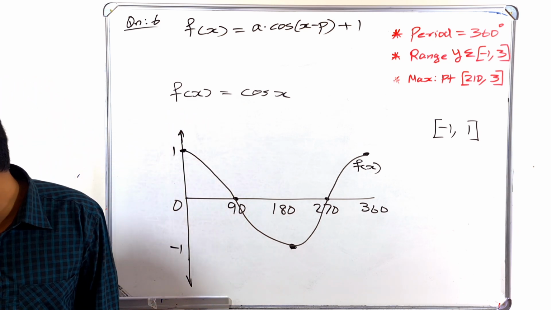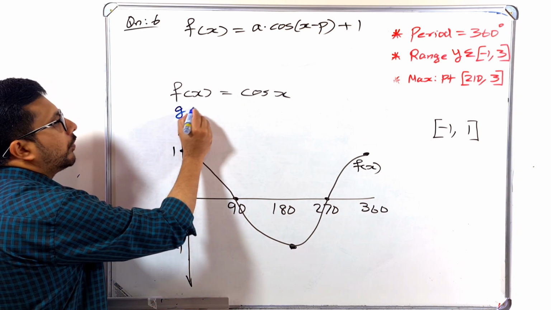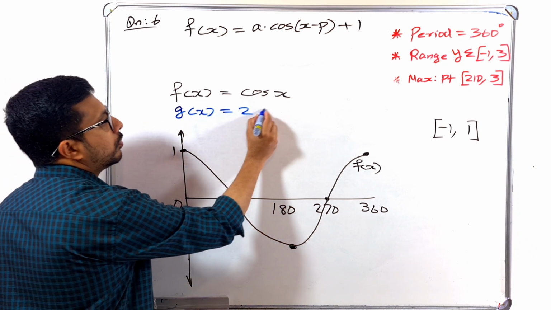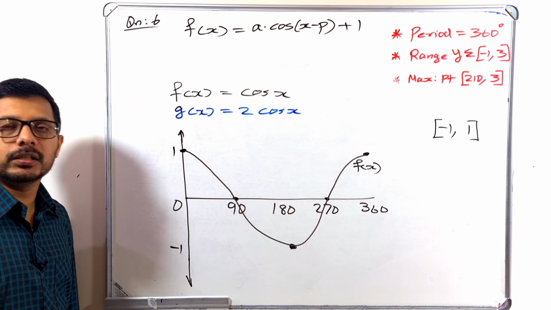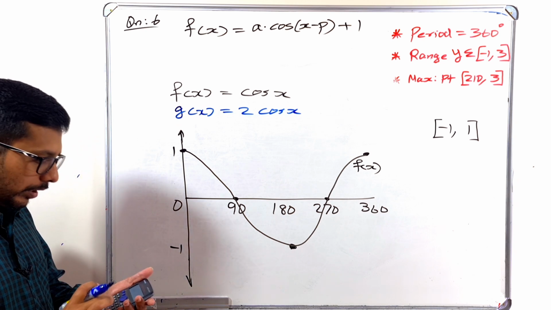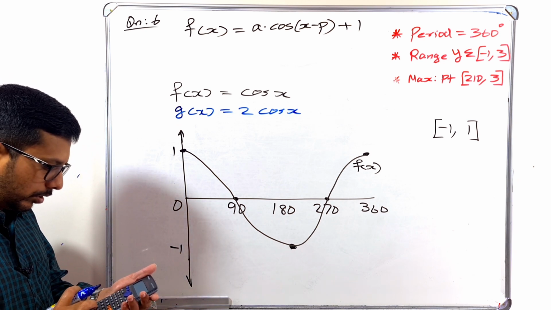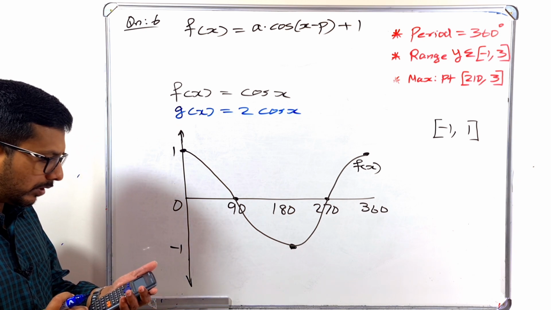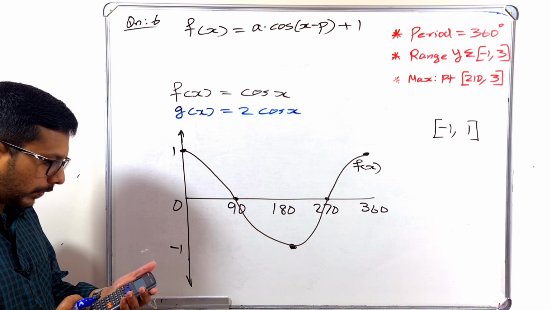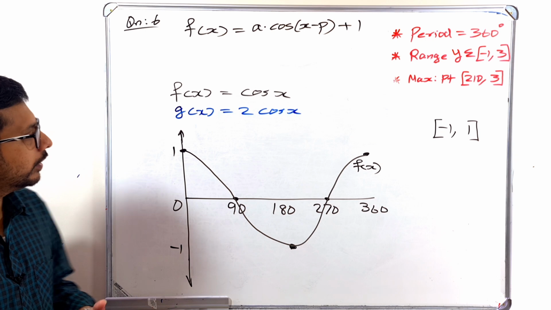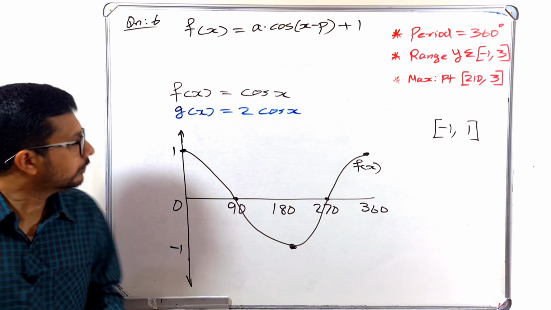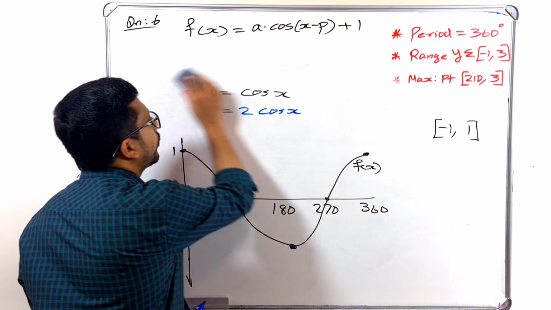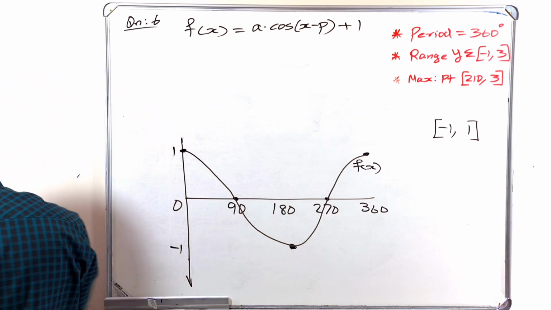Now I'm going to draw another graph, g of x. g of x is equal to 2 cos x. Then what is the difference? Try to type in your calculator, instead of cos x, 2 cos x. Then the graph is like this.